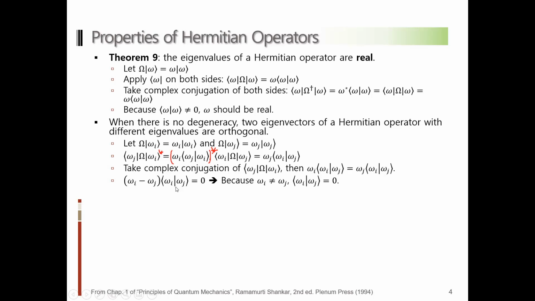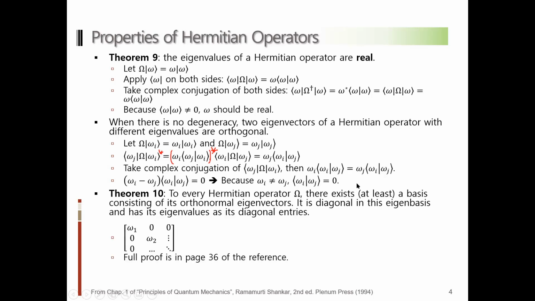So from this relation, we can conclude that all the eigenvectors of the Hermitian operator should be orthogonal to each other when they have different eigenvalues. So the proof is based on the fact that the eigenvalues are real.